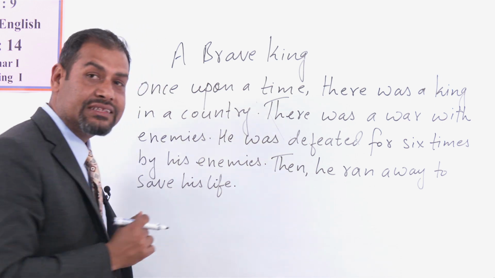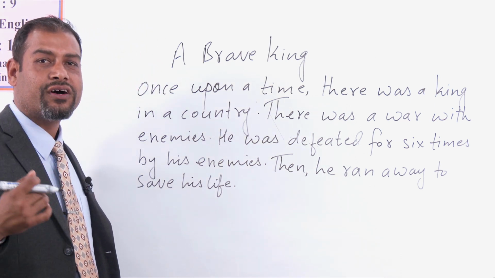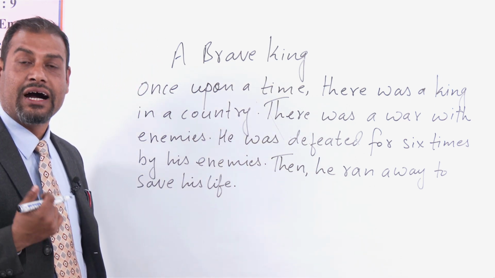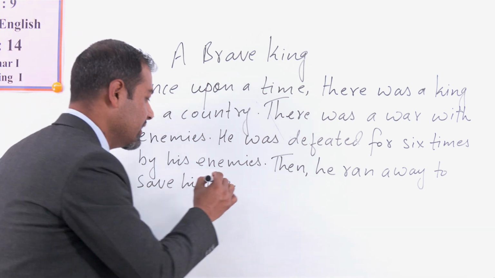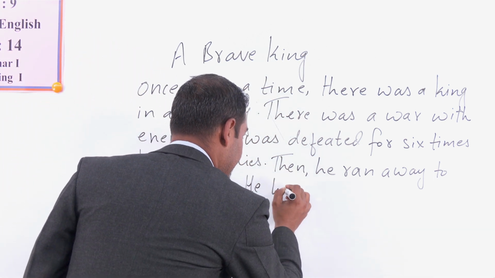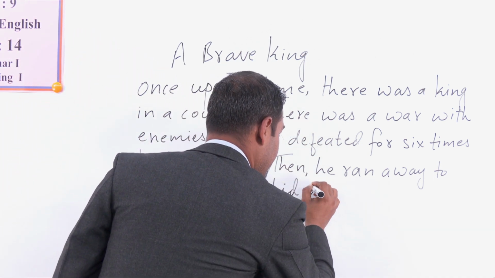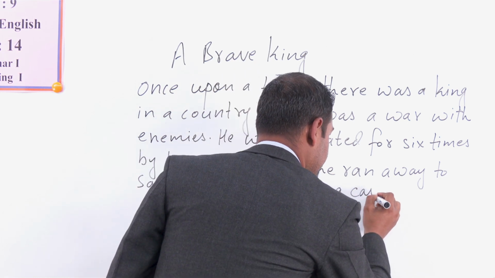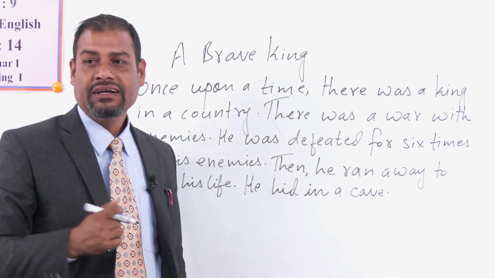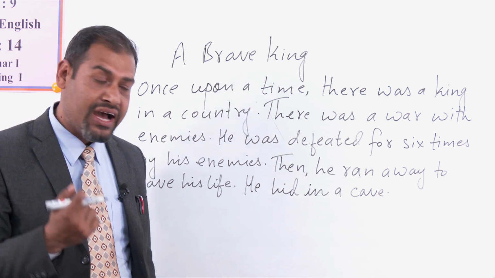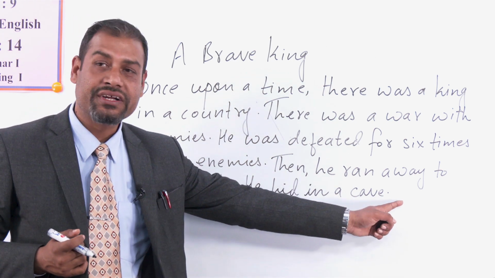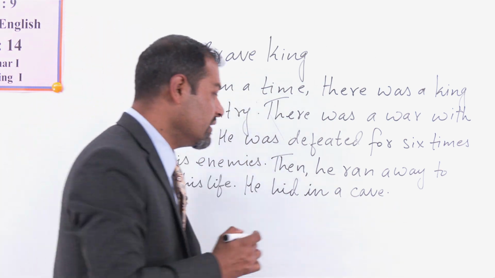Then you have to write down again for another outline, okay? Hides in a cave. He hid in a cave. Then sees a spider. Now, dear students, you have to again write down there.